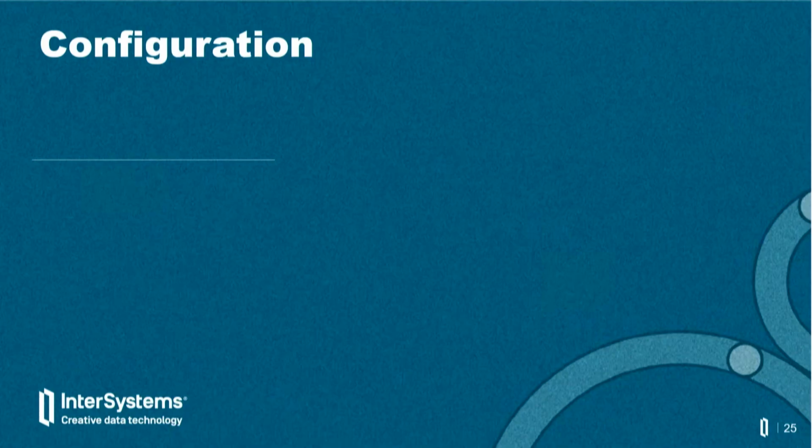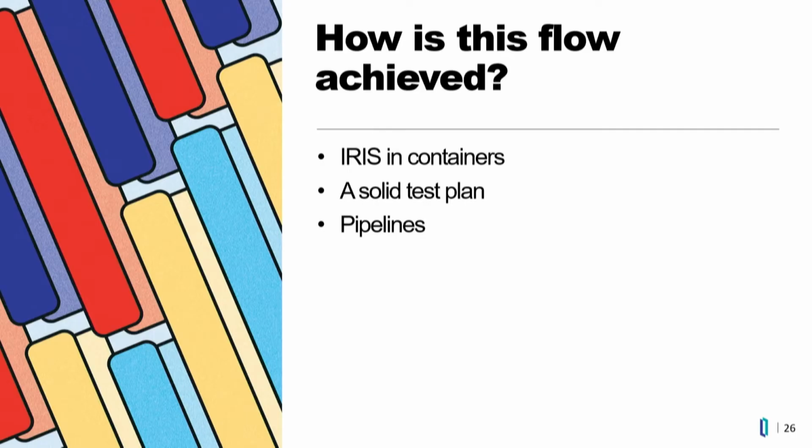So, okay, now we've seen how they go on as a team in their daily work life. But of course, there were some design choices, some configurations they've done to make all this possible. And the first thing is they use containers.